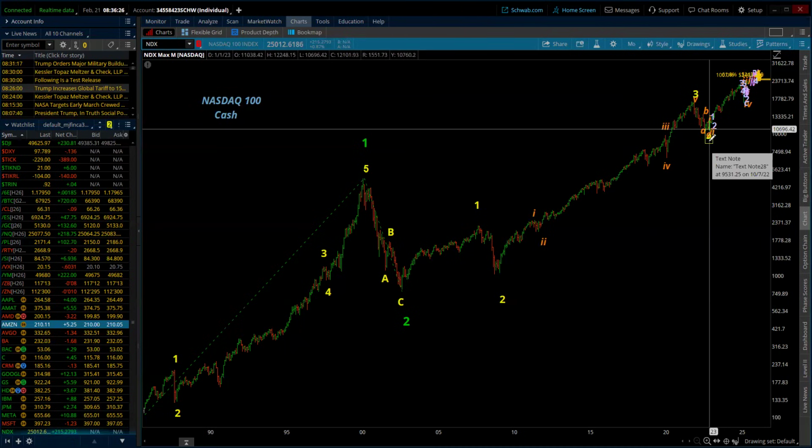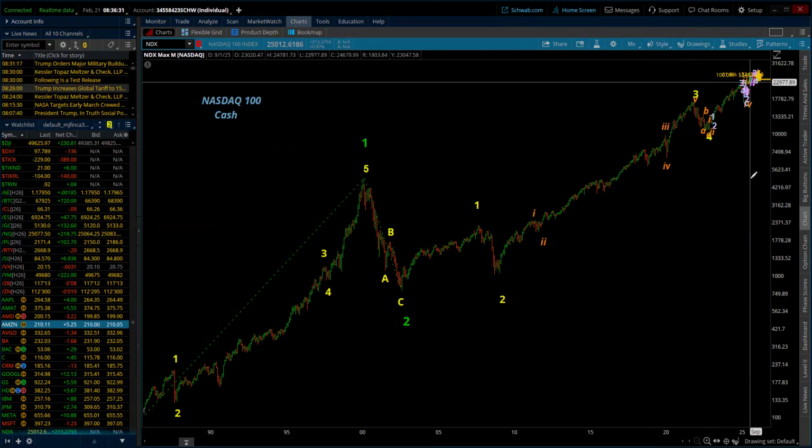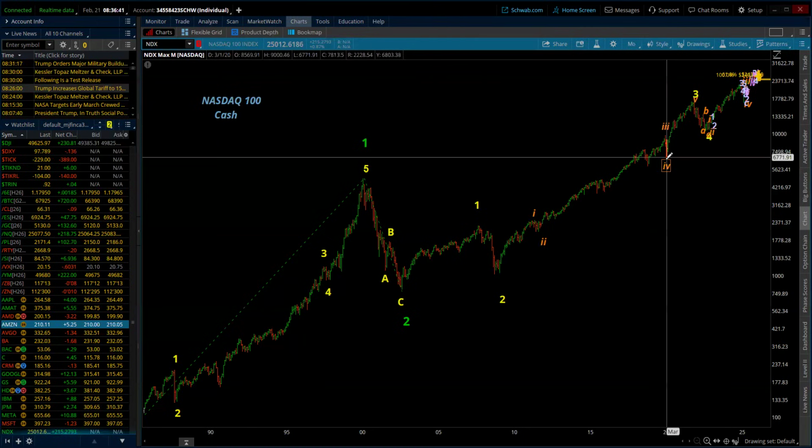What am I looking for now? A primary degree fourth wave. So where do I think we come back to? At least that level, a primary fourth wave, I think we come back to the 2022 lows, if not the pandemic lows. That's where I believe we come back to in this correction.